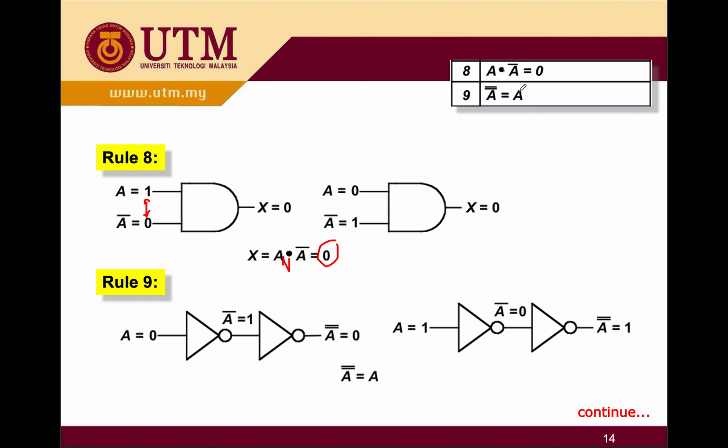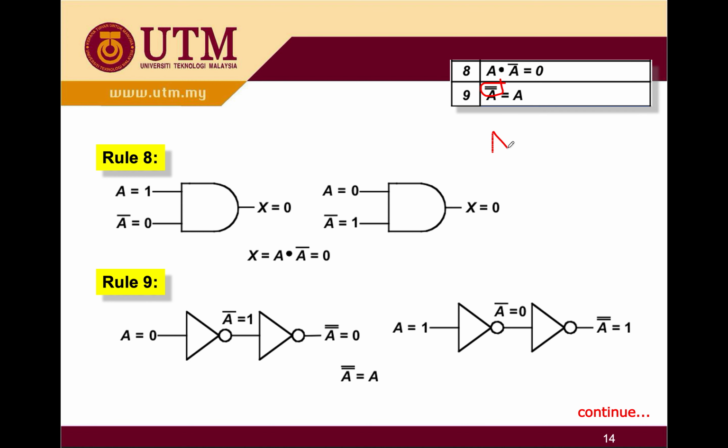Then next one, as I told you, you will also play around with the NOT gate. So for your NOT gate over here, you can see that you have A bar bar, because you have 2 bars over here. So check it carefully.